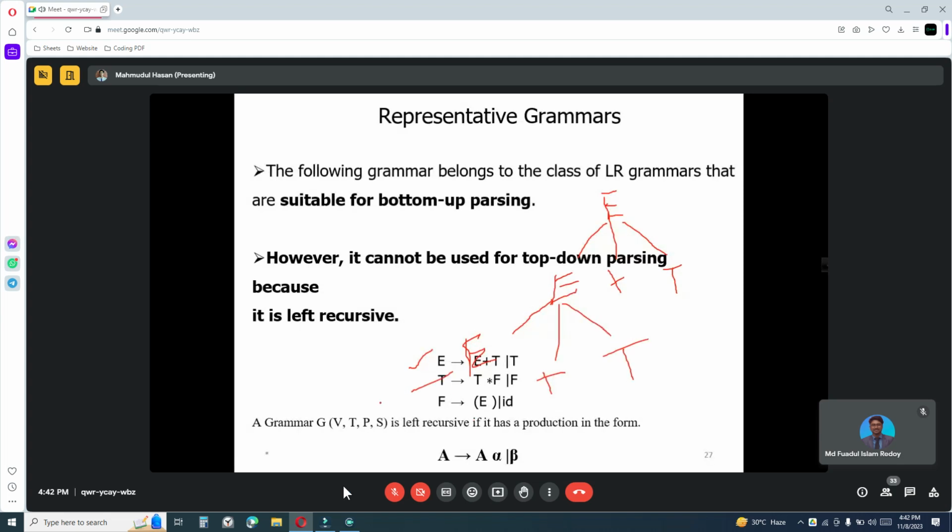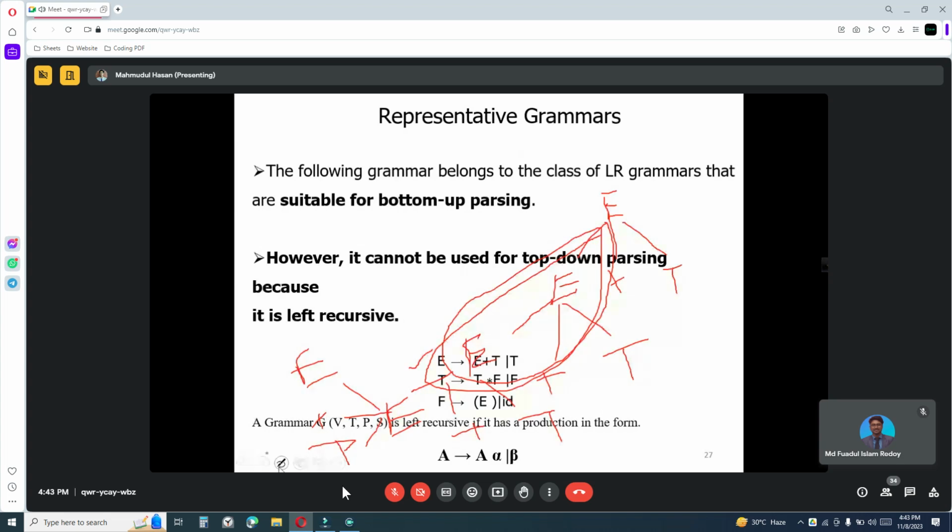Then again E plus T, then again E plus T. That means E actually calls E. So this is recursion, and the growth of the tree is on the left hand side, not the right hand side. So this is known as left recursion. If your grammar looks like this one, that is left recursion.